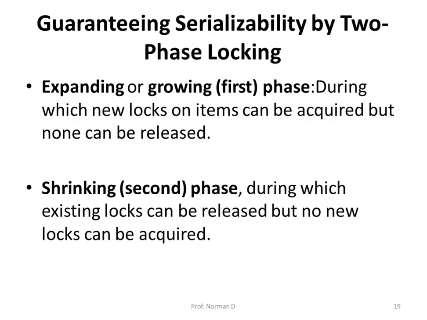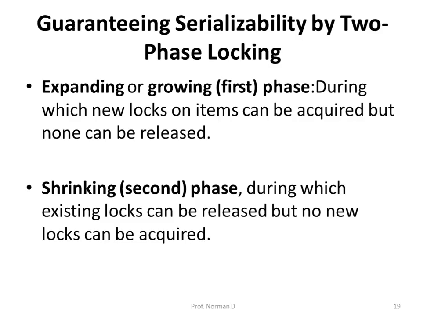Such a transaction can be divided into two phases, an expanding or growing phase, during which new locks on items can be acquired but none can be released. This is called the expanding or growing phase. And a shrinking phase. In this phase, the existing locks can be released but no new locks can be acquired.